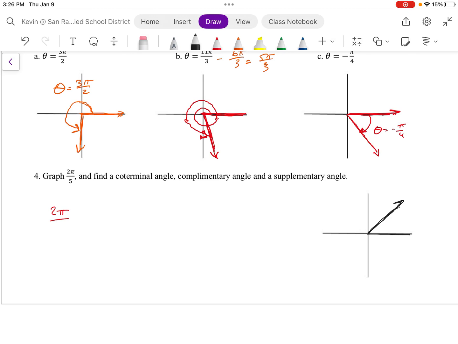And so the coterminal angle is 2 pi over 5 plus 2 pi, right?